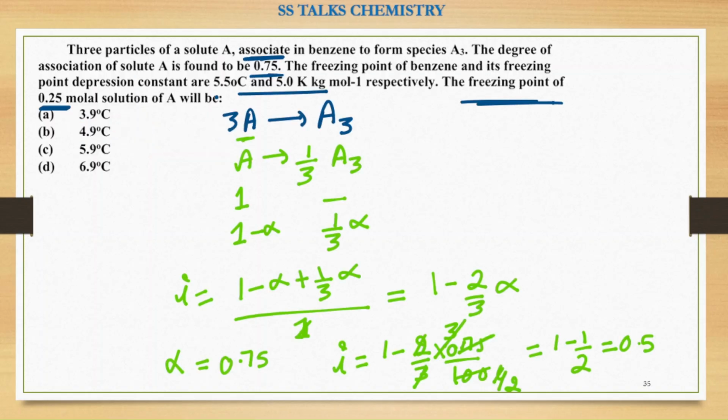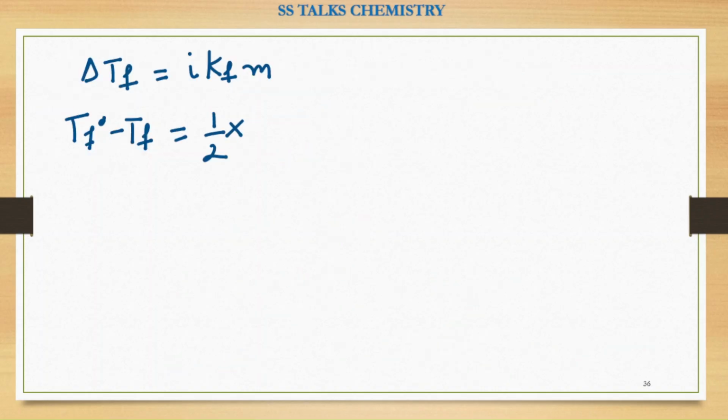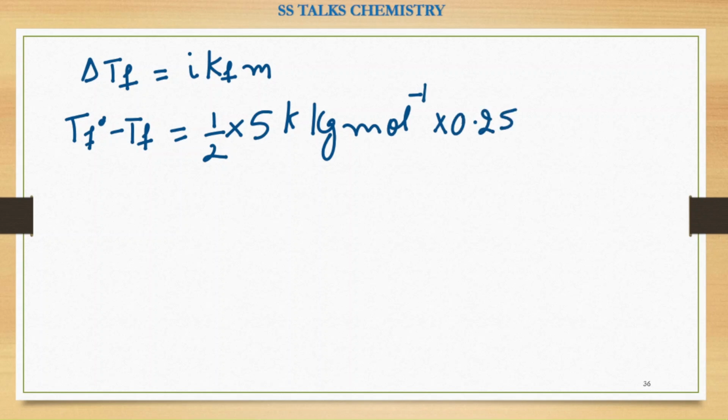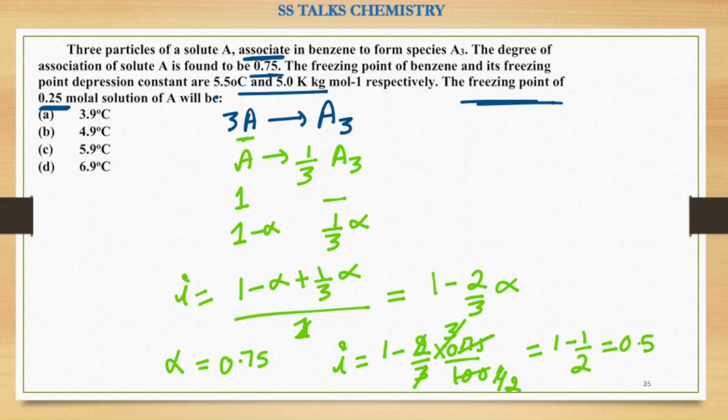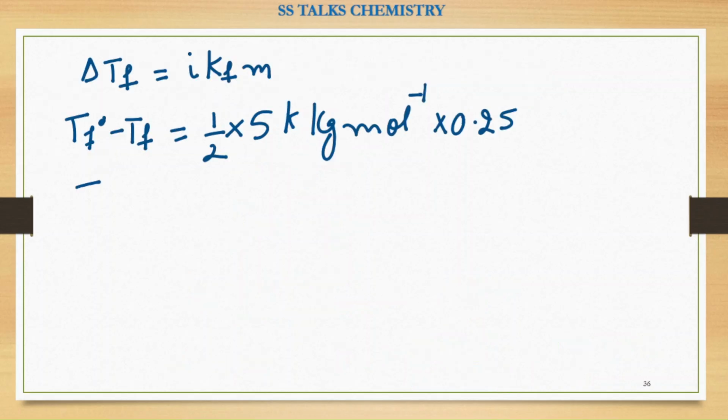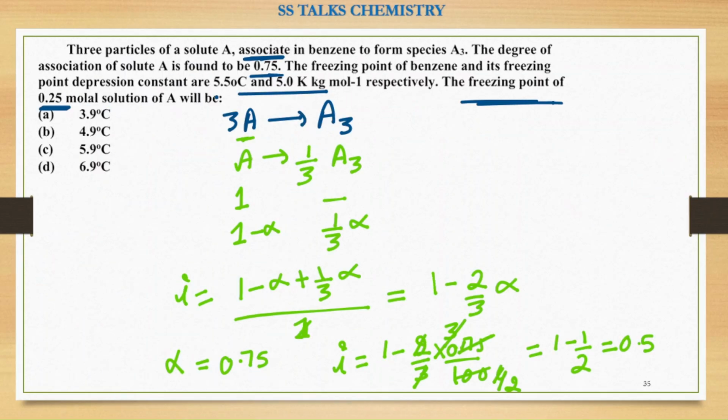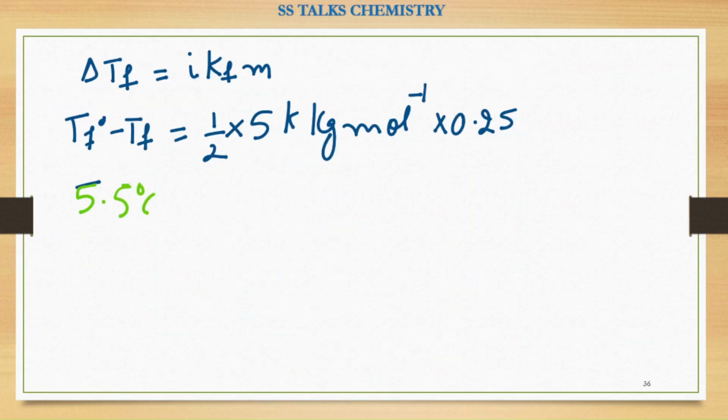KF is given as 5 Kelvin kg per mole, and the molality is given as 0.25 mole. TF naught is given as 5.5 degrees Celsius. So 5.5 degrees centigrade minus TF equals 1 by 2 into 5 into 0.25.